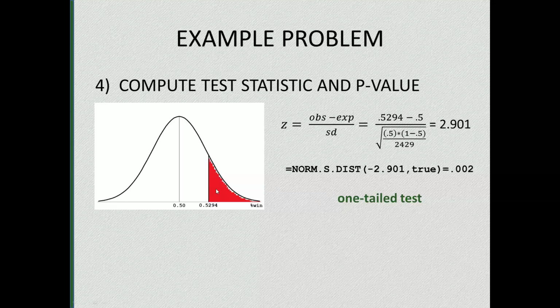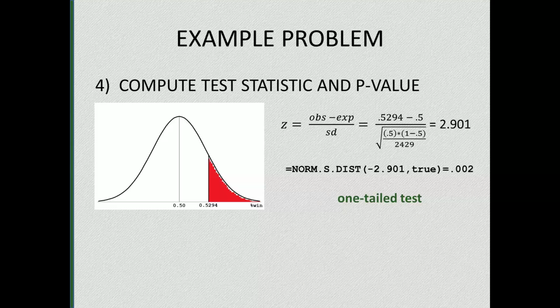Now this area up in here is the same as the mirror image down here. It's easier to look up the negative value and find just the one tail. The point is that this tail and this tail are the same size, and we only want one of them. We're not multiplying by 2 here.